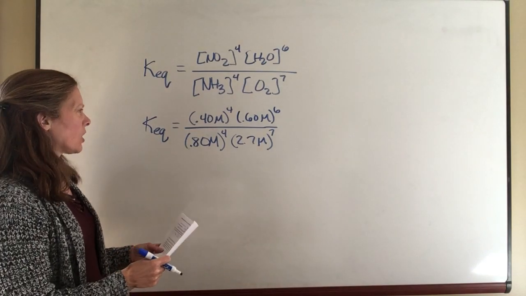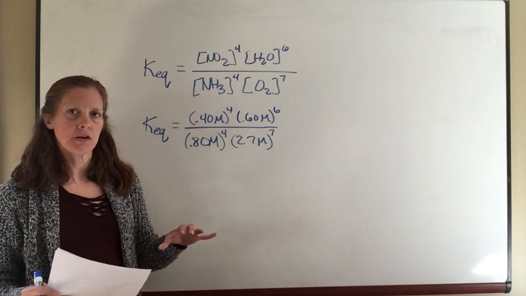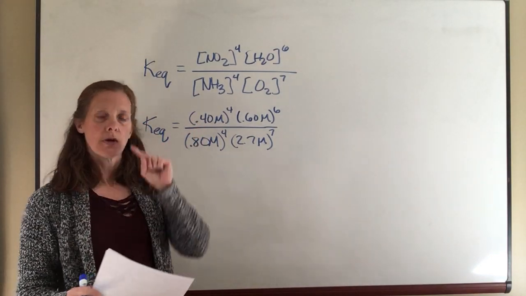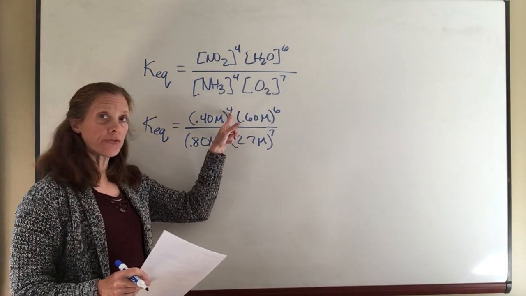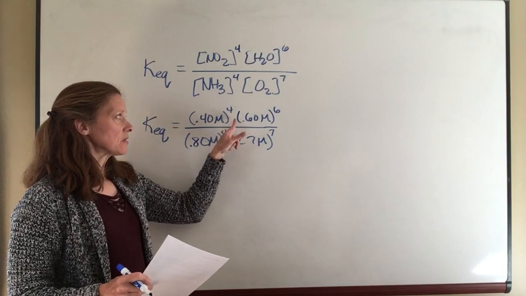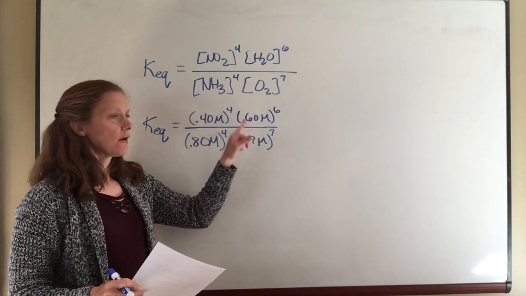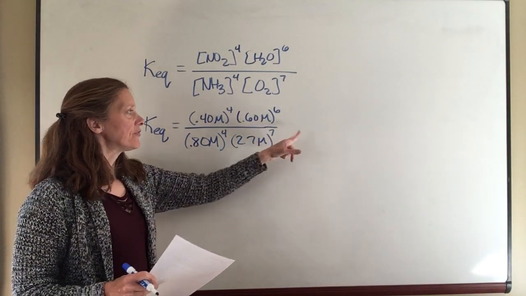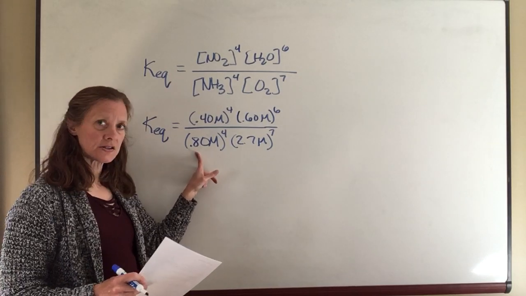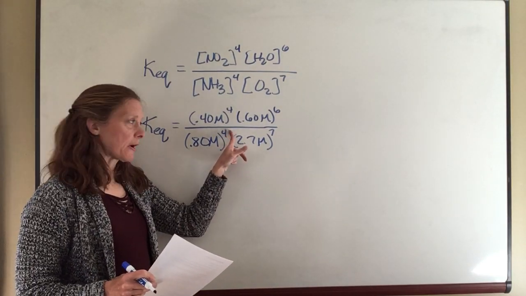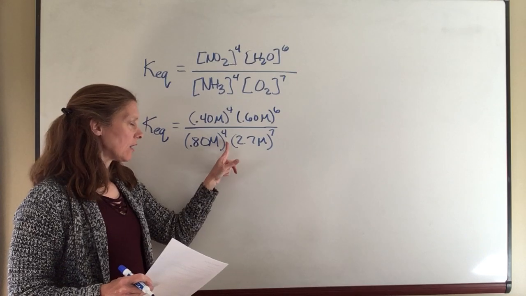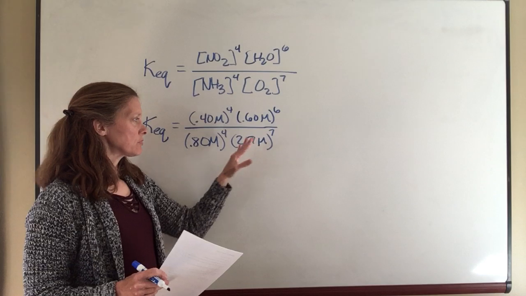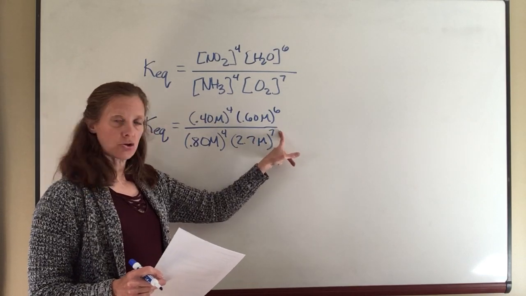Okay? So, again, as you're typing this in, what you're going to hit is this. You're going to type in 0.4, then the Y to the X button, then the 4, times 0.6, then the Y to the X button, then the 6, divided by 0.8 to the Y to the X button, and then the 4, and then divide it again because it's still on the bottom, 2.7 times Y to the X, and then you're going to hit the 7.